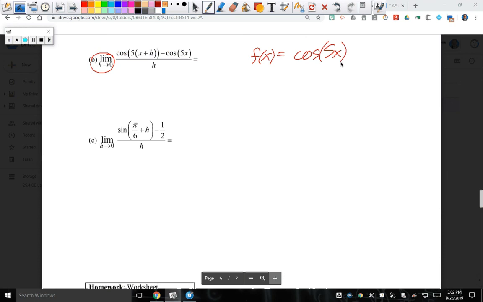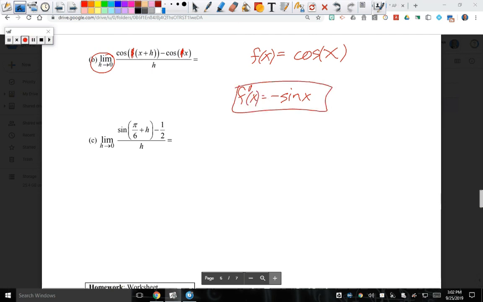And because you don't know chain rule, I can't give you 5x right now. So I'm just going to change this up just a little bit and make those 5's go away. I'm just going to call it cosine of x, because you don't know chain rule yet. We'll learn that next unit. So what's my answer? Negative sine of x.